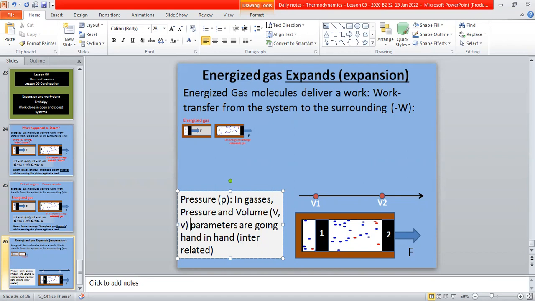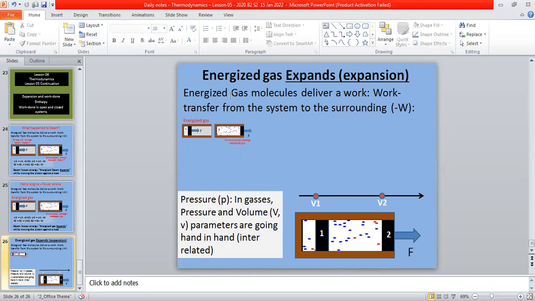If 1 kg, we use small v, meaning specific. Or else, for a given mass, it is V. Okay. And the initial state we call 1. V1 is the volume. State 2, V2.